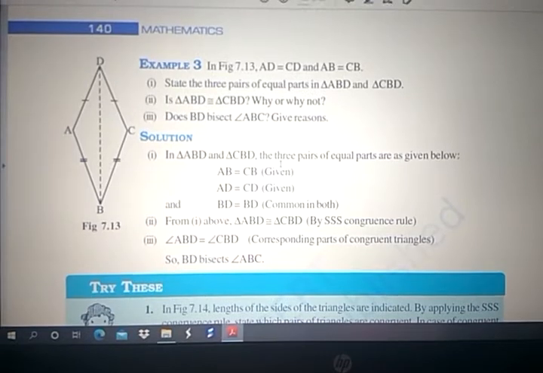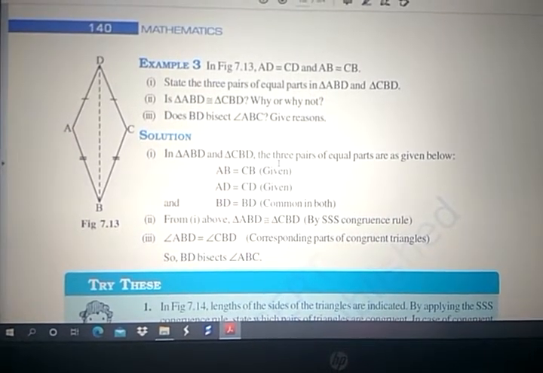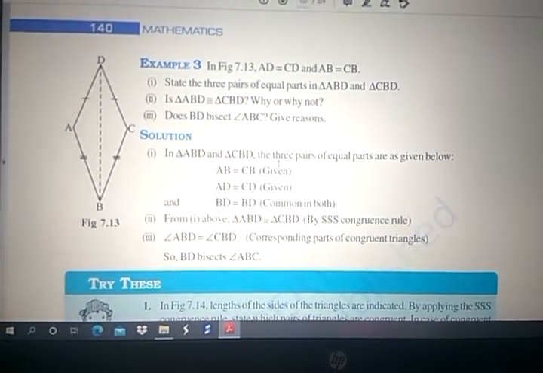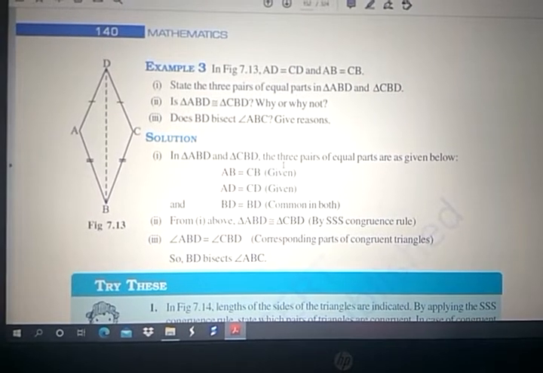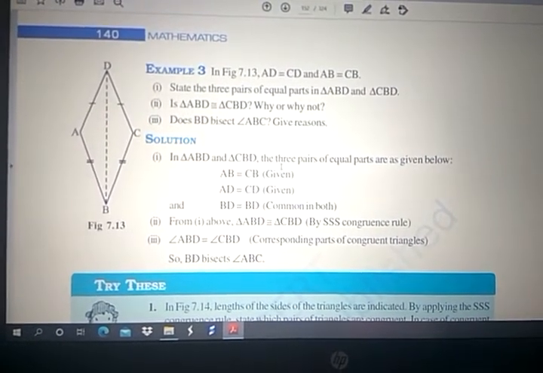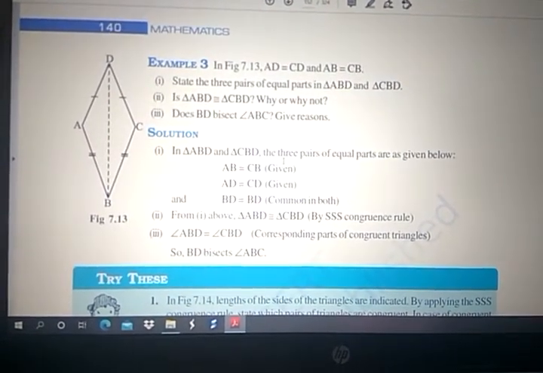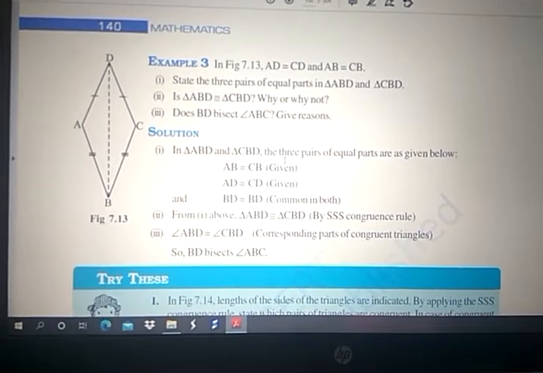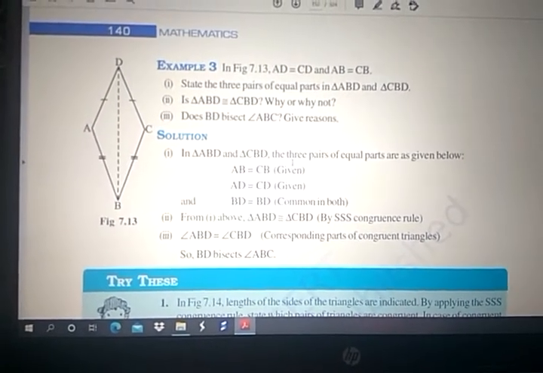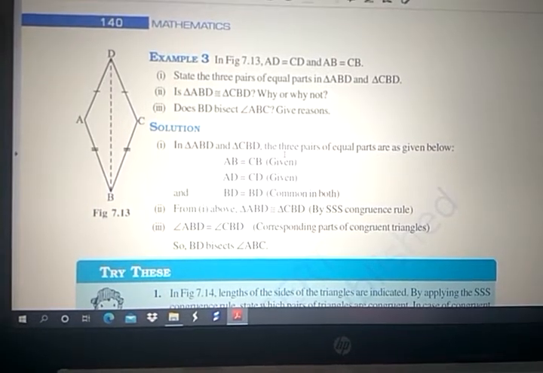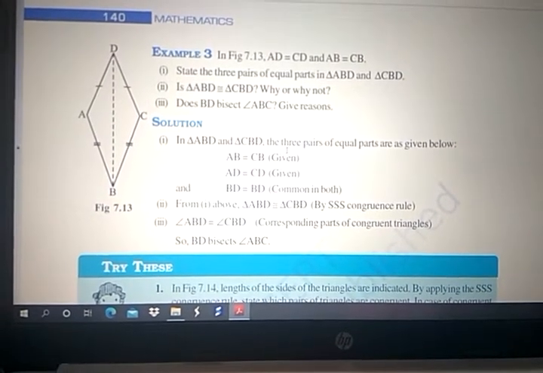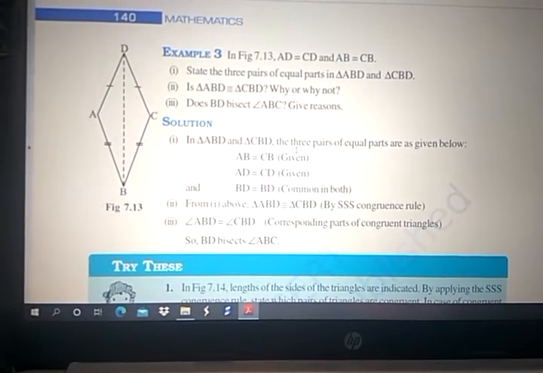From figure, you observe this figure and try to solve this. AD is equal to CD. Yes, it is there. AB is equal to CB. It is also there. Now the question: state three pairs of equal parts of triangles ABD and CBD.